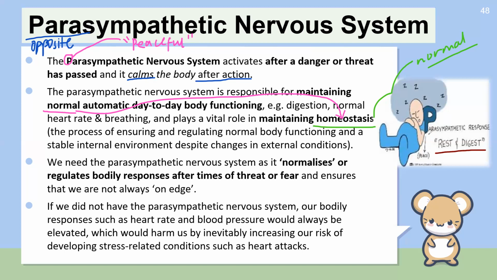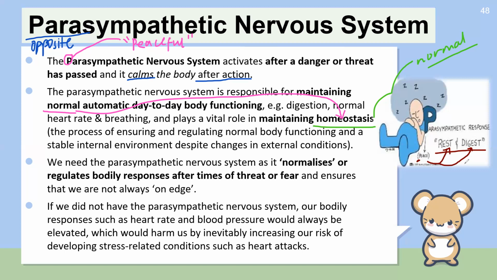So when we talk about the parasympathetic nervous system, we talk about the fact that it brings us peace, or brings our body back to a peaceful state, because it allows us to go back to a state where we can rest and where we can digest. As we're going to learn in the next slide, when you're dealing with stressful situations, or dangers or threats in your environment, a lot of your important bodily functions, like digestion, actually get shut off or decrease.